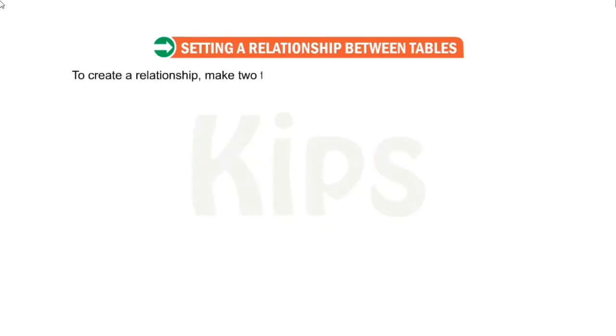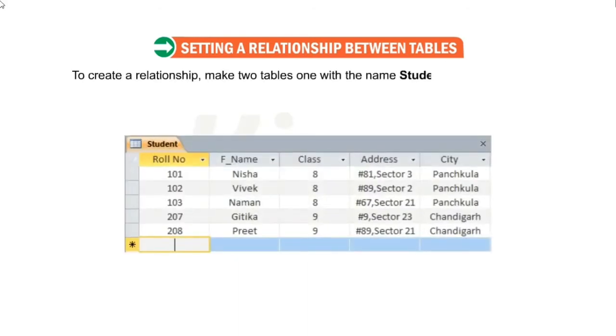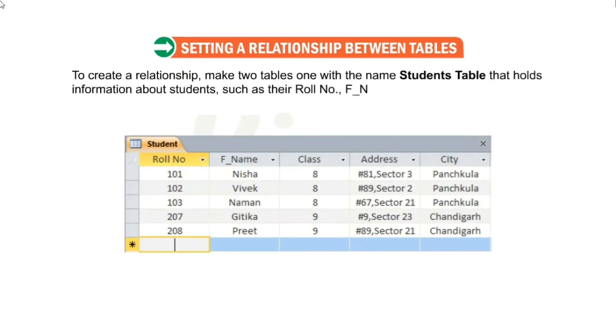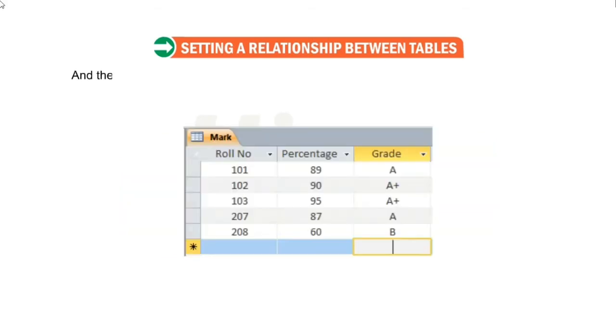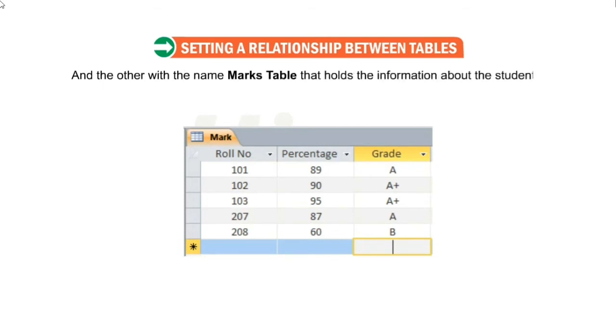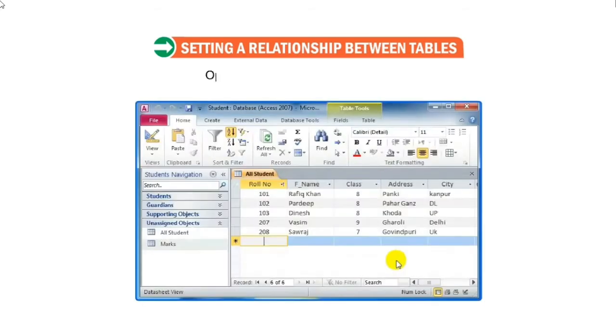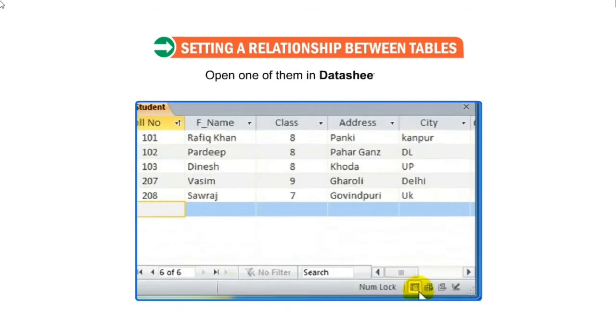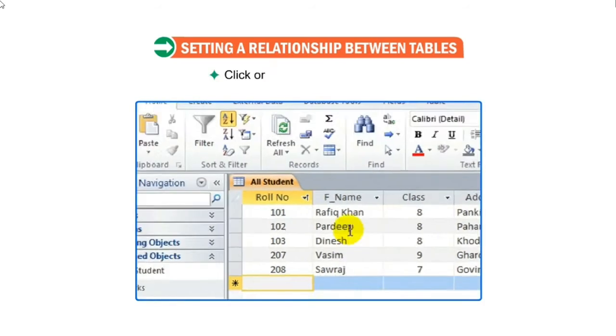To create a relationship, make two tables, one with the name students table that holds information about students, such as their roll number, name, class, address, and city. And the other with the name marks table that holds the information about the student's roll number, percentage, and grade. Open one of them in Datasheet view.